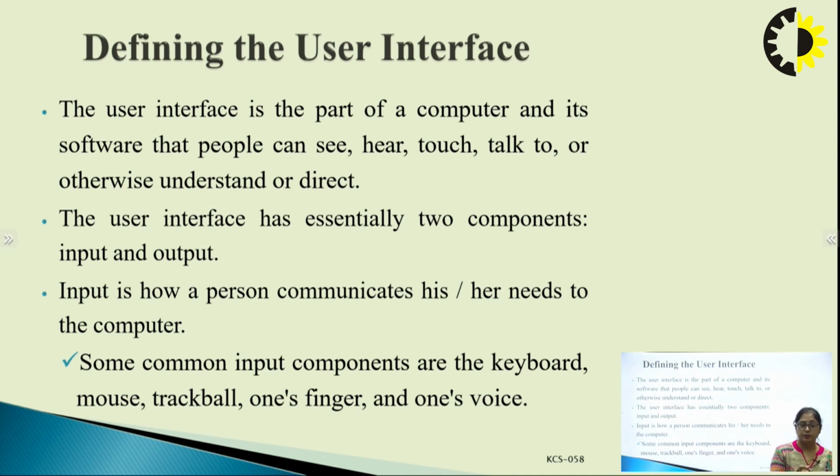That's the input from the user's point of view. Some common input components: the user can input through the keyboard, the mouse, the trackball, one's finger with the touchpad, and one's voice. These are basically the modes of input through which the user gives you input.